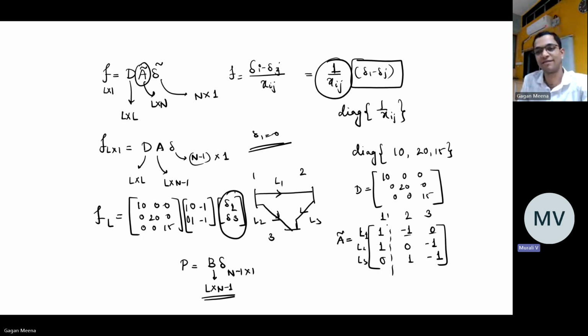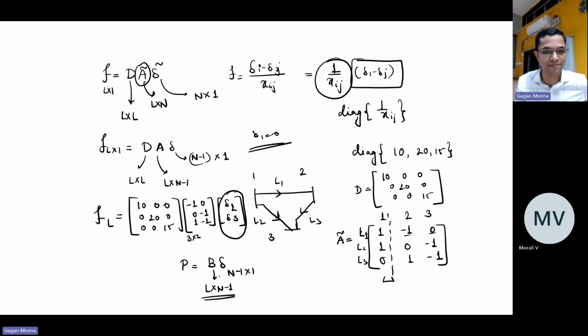It should be 3 by 2. So consider column 2 and column 3. Minus 1, 0, 0, minus 1, 1, minus 1. Yes, correct. So we have to remove only this column. Keep these two columns. Now it is 3 by 2. This is correct.